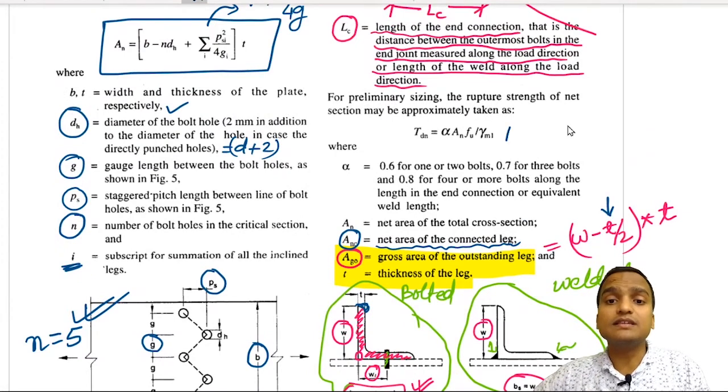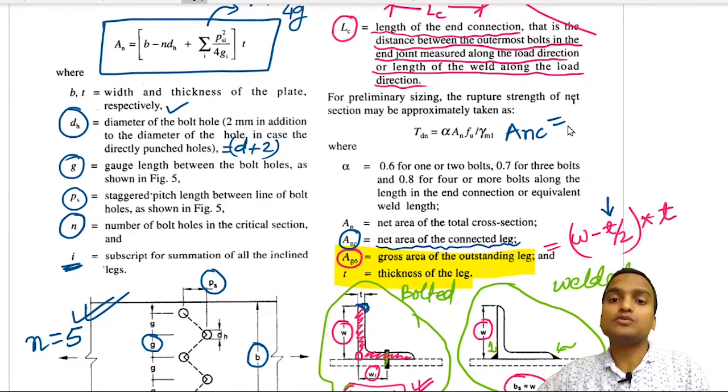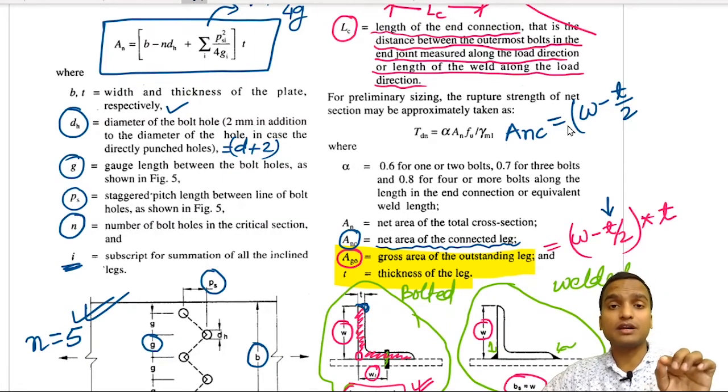So ANC will be equal to, if the angle section is an equal angle section, so the width of the connected leg is also W, then I have to subtract T by 2, as it is a rolled section having a rounded edge at the toe, and I am going to calculate the net area of the connected leg.